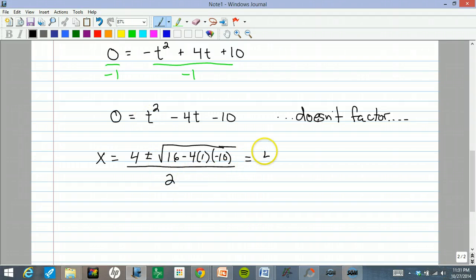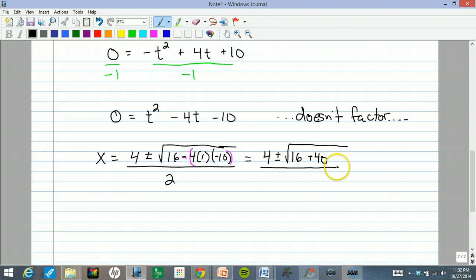Alright, so let's do some simplifying. 4 times 1 is 4, times negative 10 is negative 40, minus negative 40. I don't know if you're catching that, but this right here makes negative 40. Always be careful with the signs inside here. So 4 times 1 times negative 10 is negative 40, minus negative 40 is the same as adding 40.